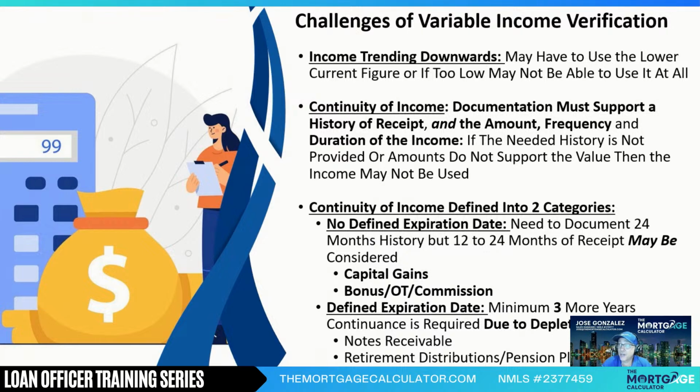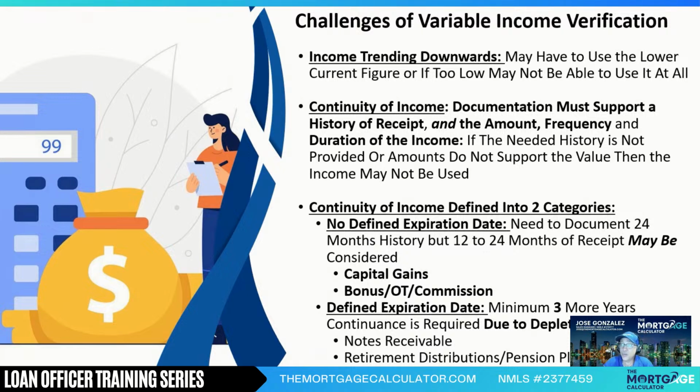Because for continuity of income, your documentation must support a history of receipt of that income and the amount, frequency, and duration of the income. And if the needed history is not provided or the amounts do not support the value, then the income may not be used, if you can't document that it's going to continue.